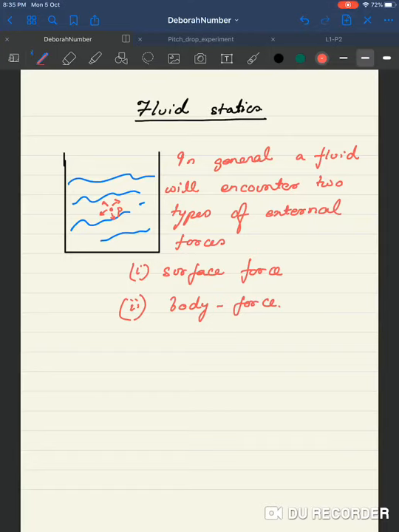So now, if this body of fluid was at rest, the question is, what is the condition for equilibrium? To figure that out, we need to consider a small differential volume.